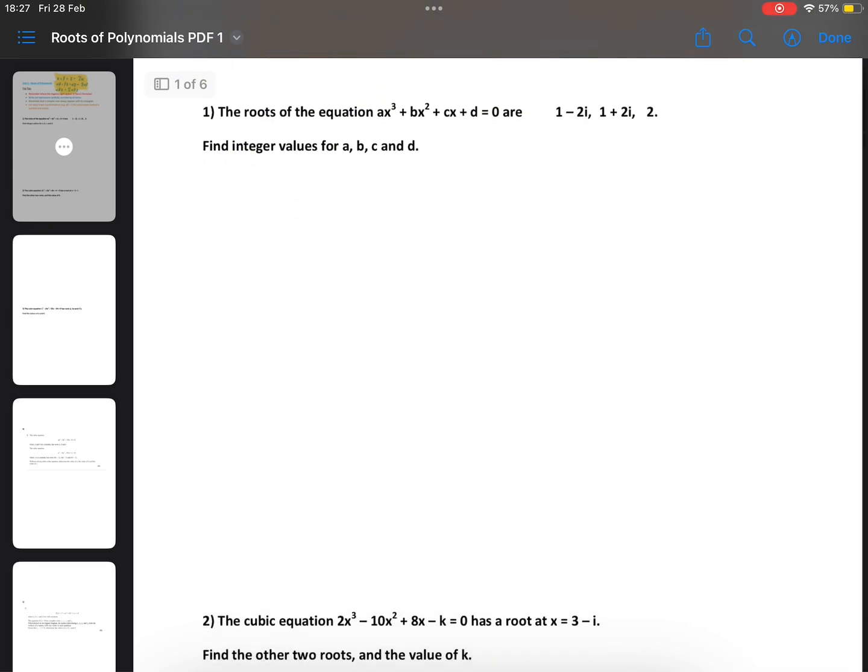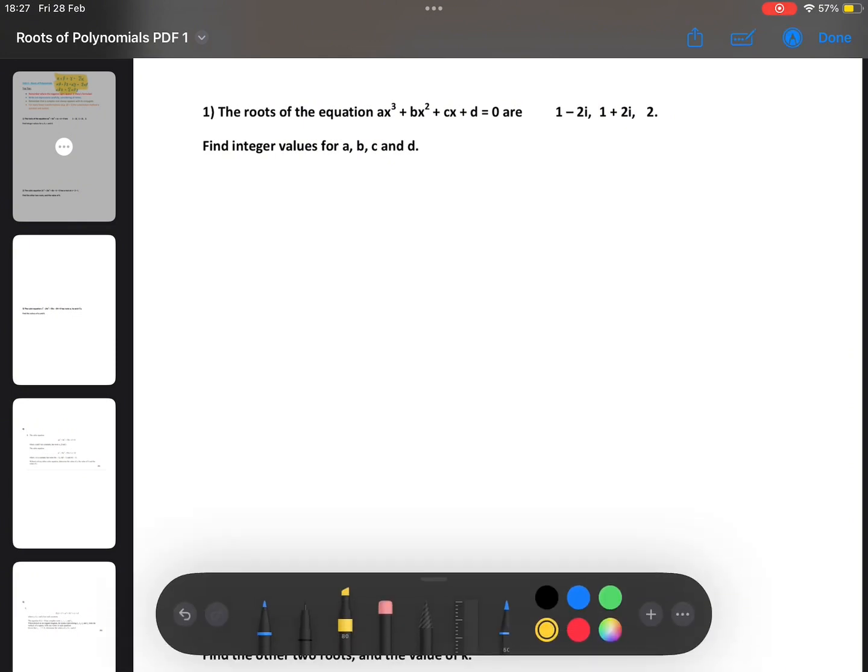So the first question, just a relatively easy one to introduce the notation a little bit more. The roots of the equation ax cubed plus bx squared plus cx plus d equals 0 are 1 plus or minus 2i and 2. We need to find integer values for a, b, c, and d.